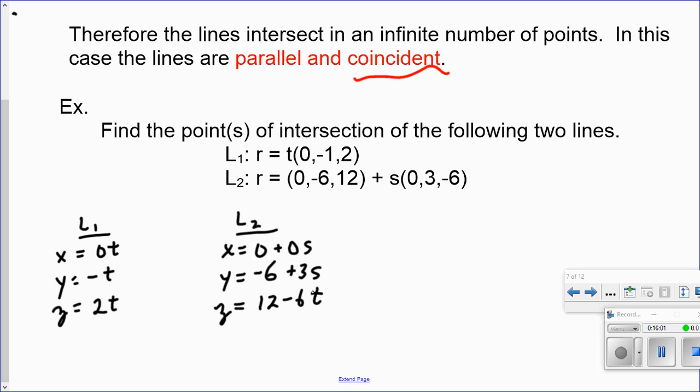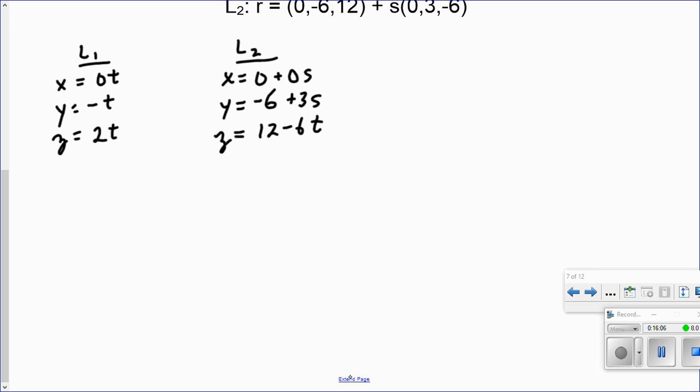Now I equate components. I've got 0t equals 0 plus 0s, and that's my x component. That really doesn't give us anything here.